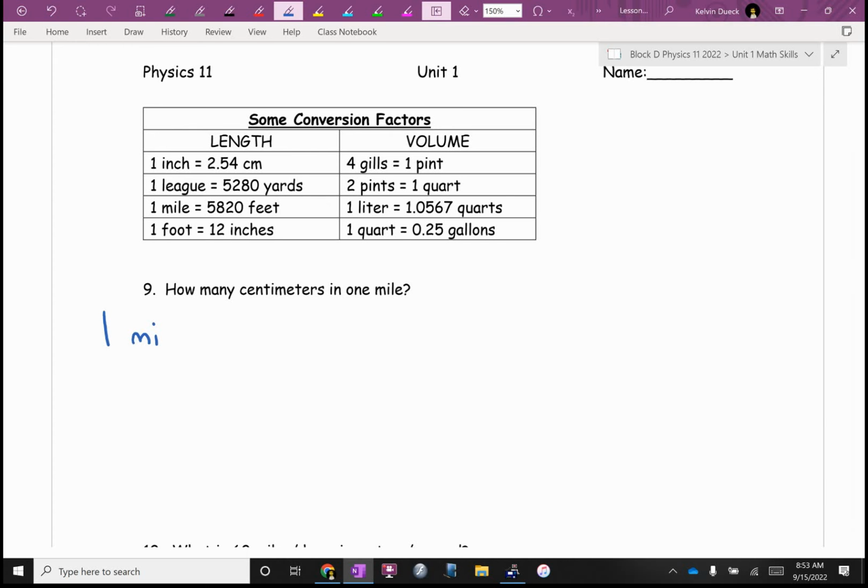I'm going to gamble most of you know how many inches in a foot. And how does inches help me get to centimeters? Ah, there it is. That's my chain. I'm going to go miles to feet to inches to centimeters. And again, the nice thing is I can use knowledge that I already know and what they've given me. I don't need to memorize some conversion factor. So, times fraction bar.